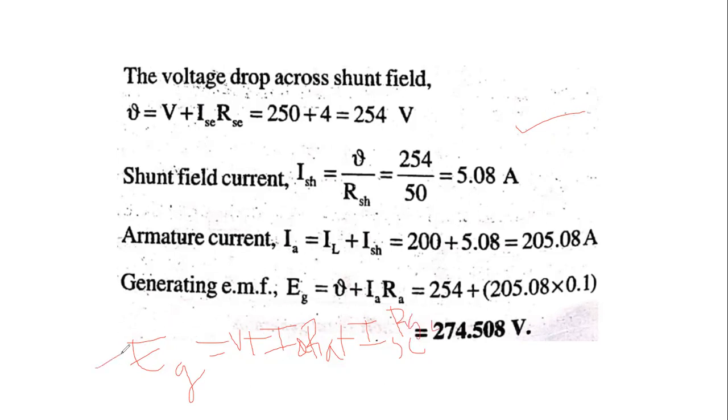This is the other formula for calculating the EG value. In this question, we calculate separately the voltage drop across the shunt field winding, that is the small v. That's why in this formula we represent the small v value. Instead of small v, we consider the capital V plus IA RA plus ISC RSC.